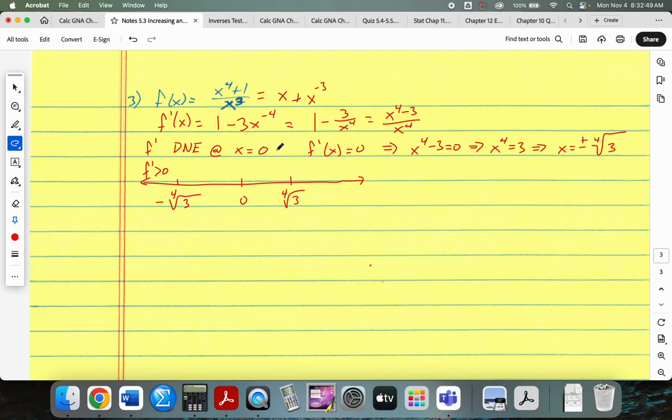So if I pick negative 1, the numerator is now negative, the denominator is positive, f prime less than 0. If I pick a positive 1, my numerator is still negative, my denominator still positive, and you get something that I said was going to happen. We don't have a change here.